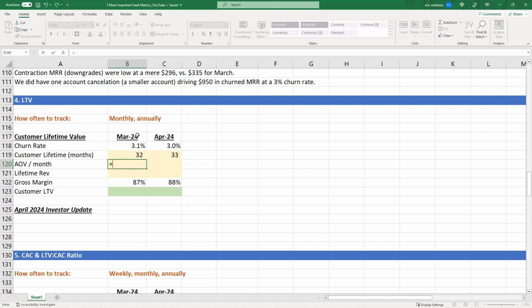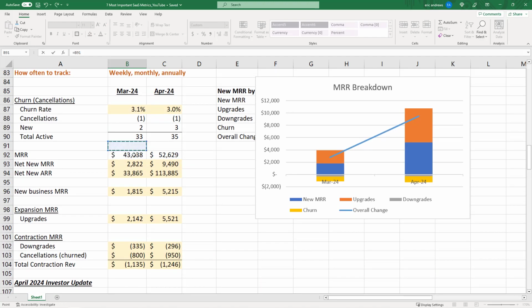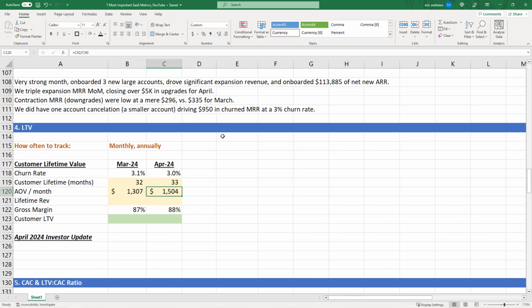So the AOV per month, well, we know what customers are spending because we have our MRR divided by total customers. And so in April, our AOV is going up, driven by that expansion revenue. Then your lifetime revenue is total months times revenue per month. So 49K versus 41K.